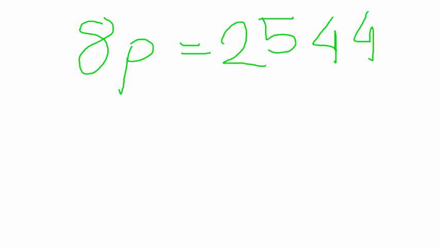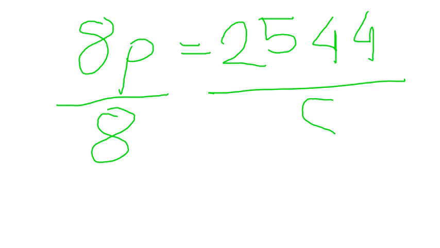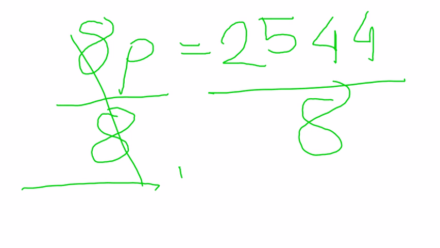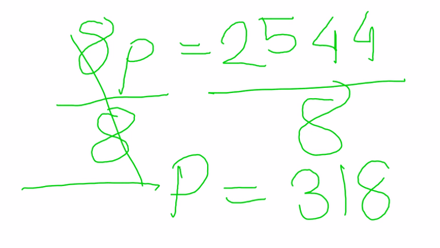Now, since 8p means multiply, what we have to do is divide by 8 on each side. These two cross each other out, so p equals, if you divide 2,544 by 8, 318.